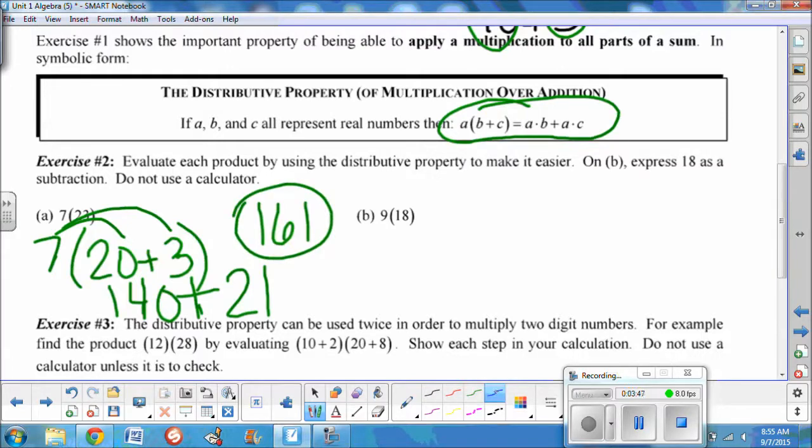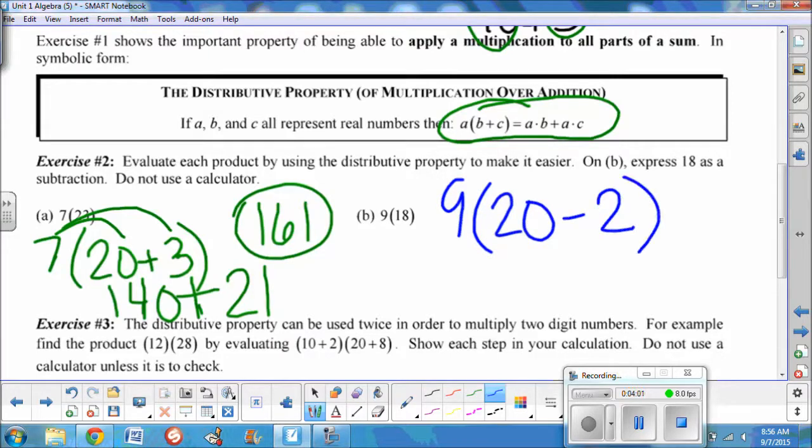So 9 times 18, and they're saying represent 18 as a subtraction. So 9 times, I could say 20 minus 2. That's 18. Now notice, you might say to yourself, well, where are you just coming up with randomly 20 minus 2, or back in part A, 20 plus 3?